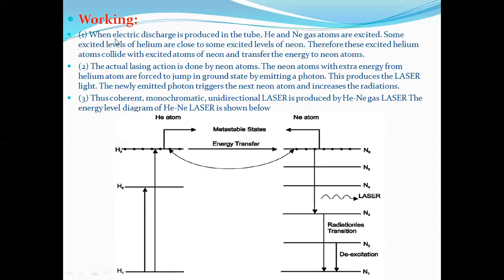When electric discharge is produced in the tube, helium and neon gas atoms are excited. Some excited levels of helium are close to some excited levels of neon.